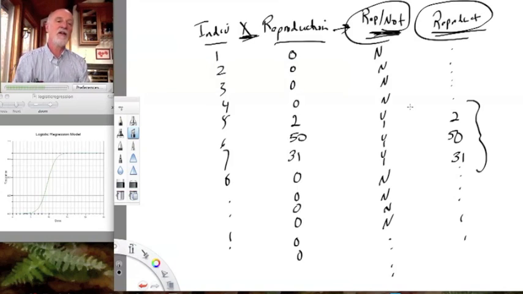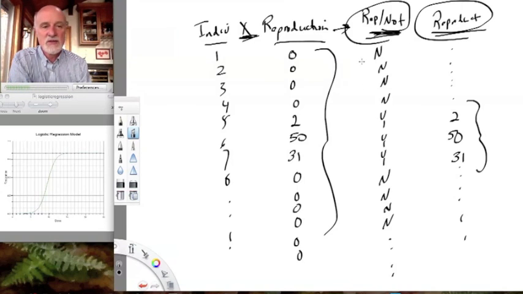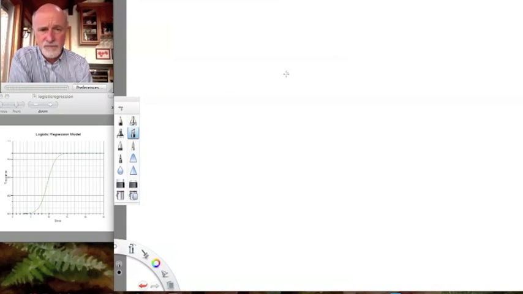I can't tell you how many times I've done that kind of thing, where you're changing a single variable into two variables, one of which is nominal, no or yes, and the second of which is a continuous variable for which we can use our typical parametric statistics. All right, I hope that was helpful for you.